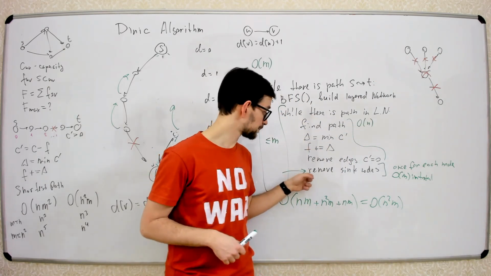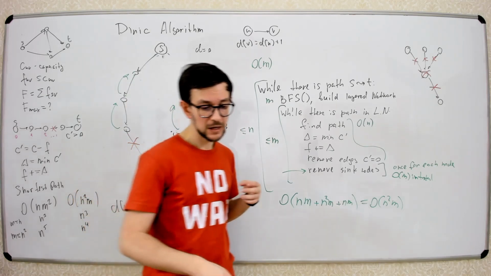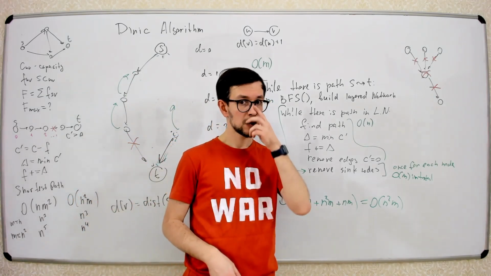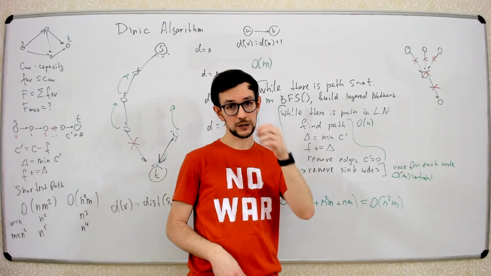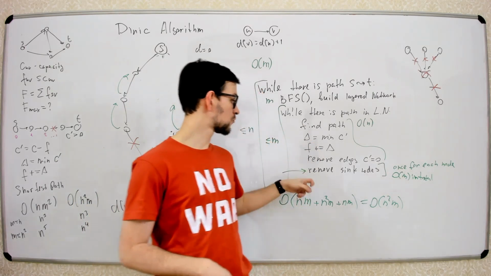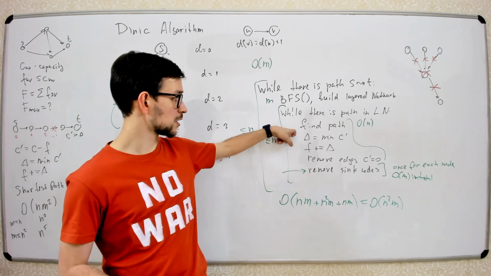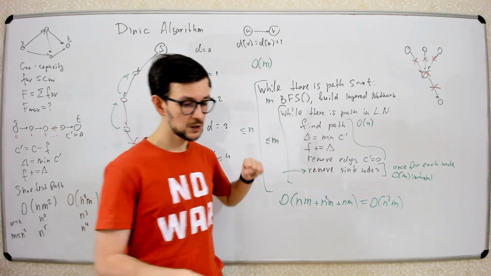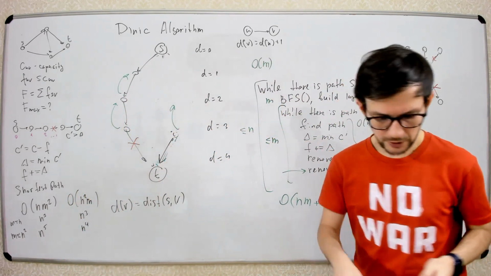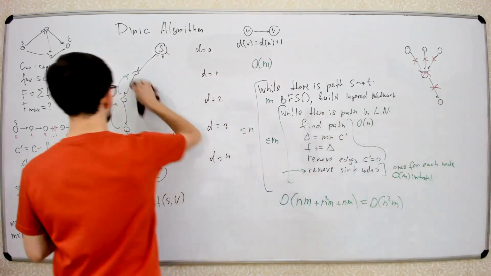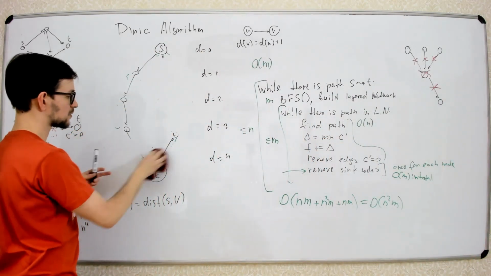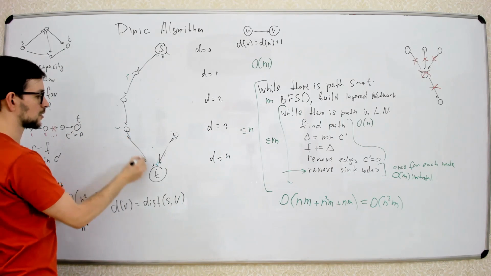It's complicated. So the easiest way to do it is just to do it lazily. You can remove sink nodes not here, but when you try to find the path. Let's have some graph with some sink nodes.